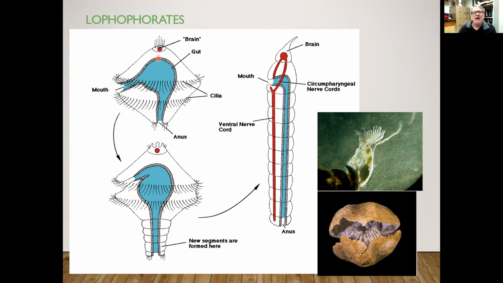But then as these organisms grow from a very early stage, the way that they grow is they add new segments onto the end. And so what happens is the mouth and the gut stay the same. And notice this portion of the body stays the same.